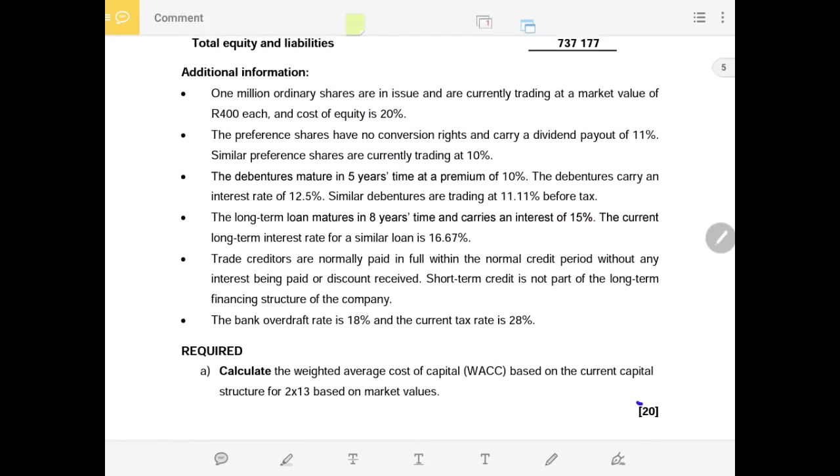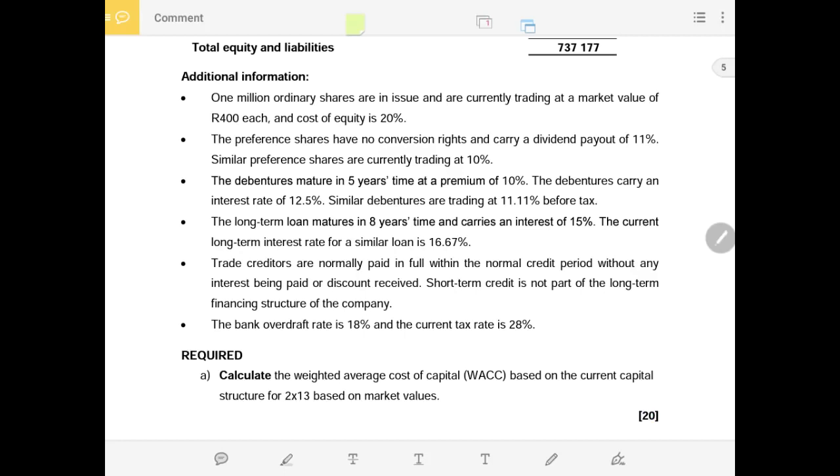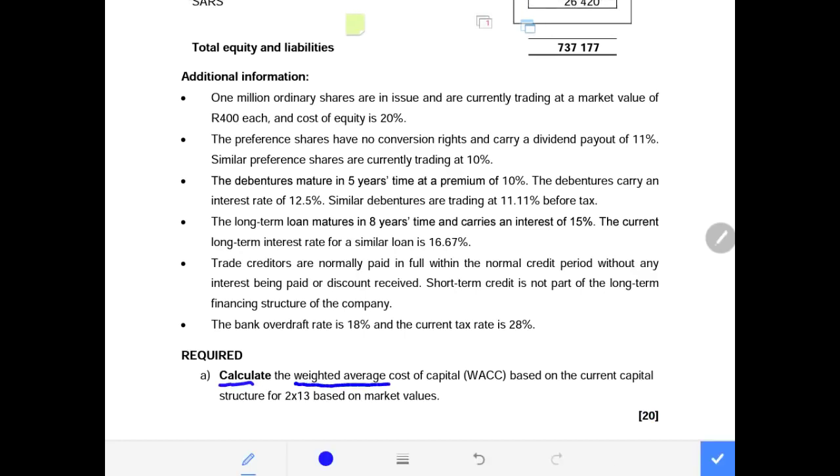Now let me go to the requirements. Then we see what we are required. It says calculate the weighted average cost of capital, which is WACC, based on the current capital structure for the year 2013, based on the market values. Meaning the capital structure must not change, it must remain the same, but it should be based on the market values.